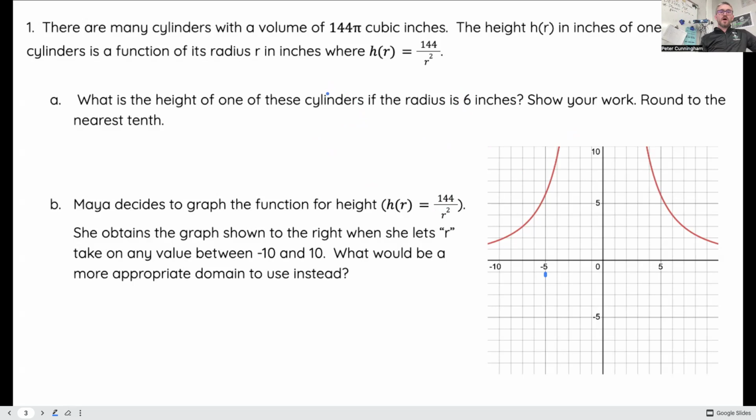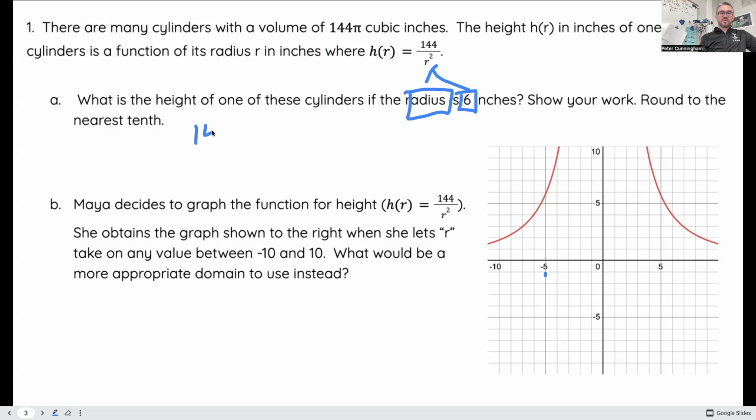Anyway, okay, this problem, there's a lot of complicated things about this problem. The height, the radius, all these things. But at the end of the day, this is just a problem where it is asking you with the volume of your cylinder, it's giving you a radius, and it's asking you to figure out the height. Just plug the radius into the equation.